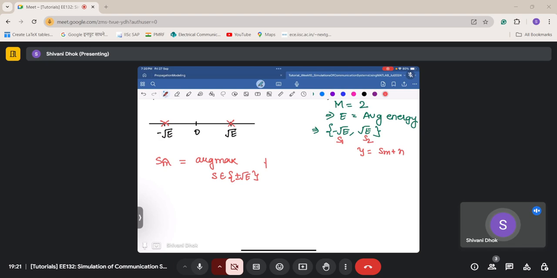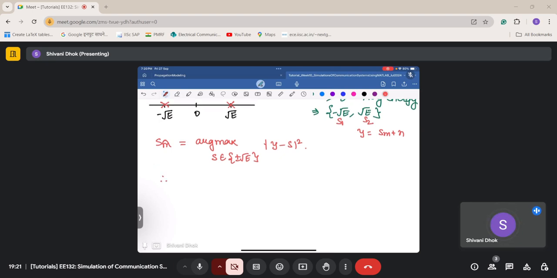So your L2 norm square is simply your y minus s square, and this s can take value from plus root E or minus root E. So not max, min.